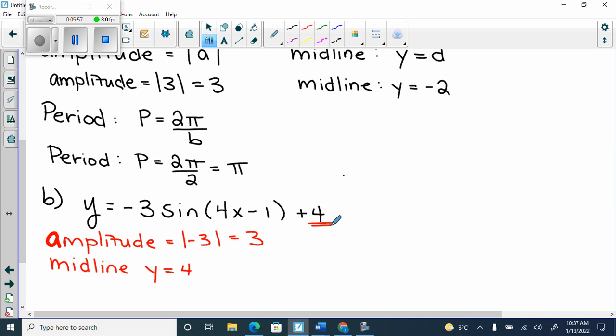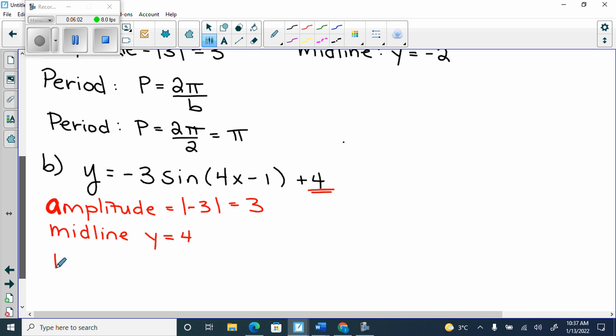Make sure you put y equals because it's a midline, right? And then the period is 2 pi divided by, what's my B value? 4. So it's pi over 2. We agree? So the amplitude is always positive? Yes, because it's the distance. That's why when we use the formula on a graph, we used absolute value signs and turned it positive.